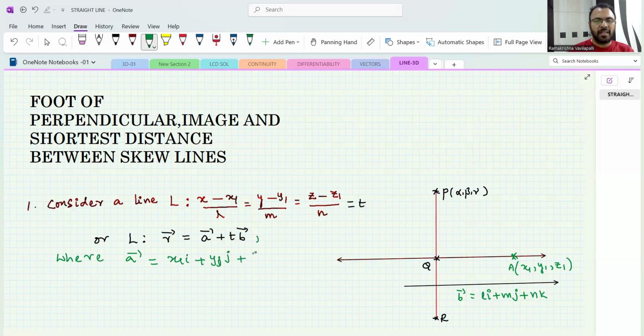This is the point on the line. And b bar vector is the direction ratios vector, that is Li plus Mj plus Nk.